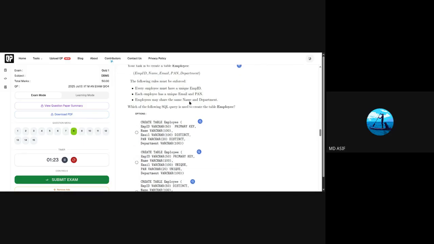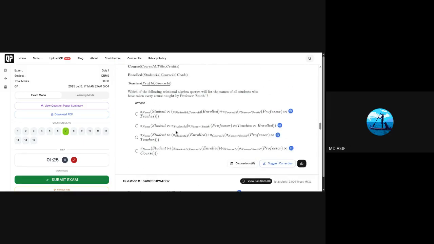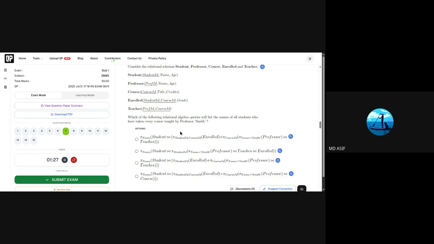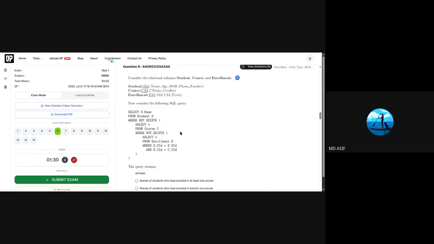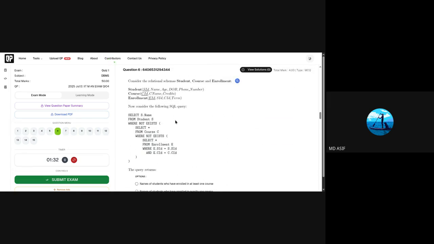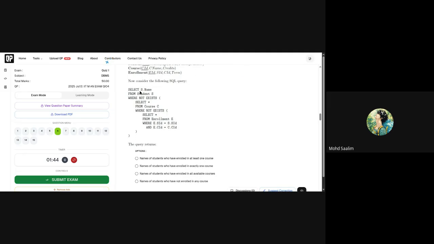Sir, can you just give some explanation of question number 6, the double not exists condition? Yes. So student, course, and enrollment. SID is here. So we have two entity sets and one relationship set. Now consider the following SQL query.